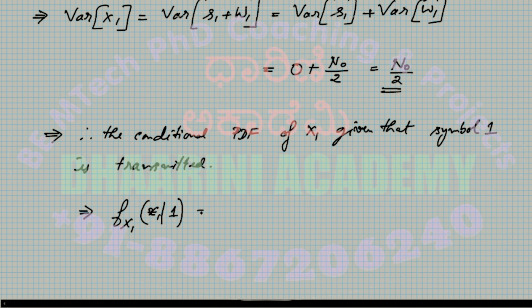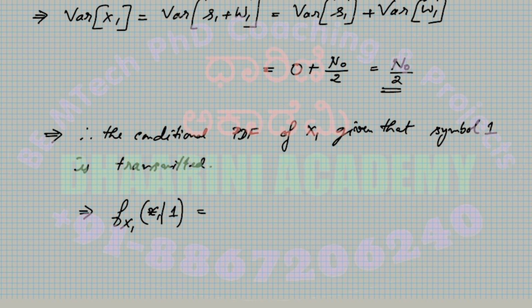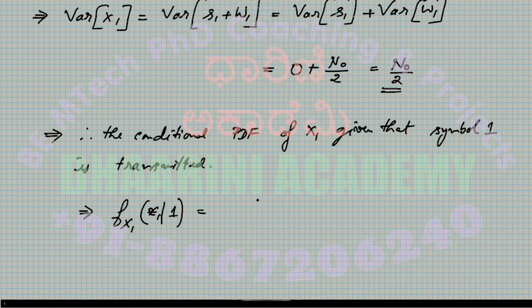If you remember, this is a Gaussian random variable. You try to recall the general equation. The general equation for a Gaussian variable is 1 divided by root of 2 pi sigma square, into exponential of minus of whatever sample you want to calculate.